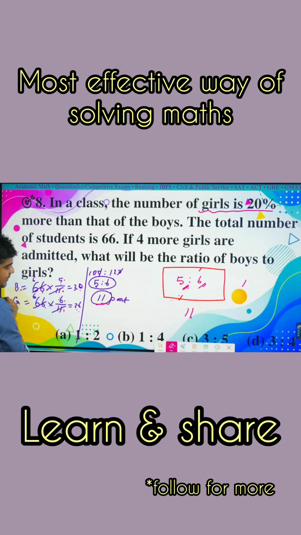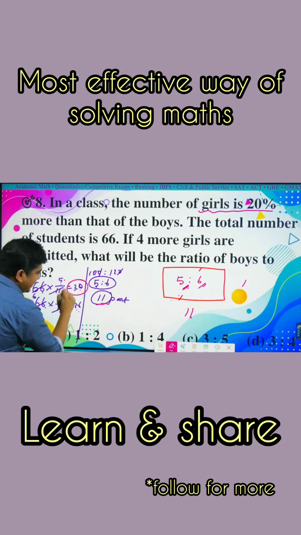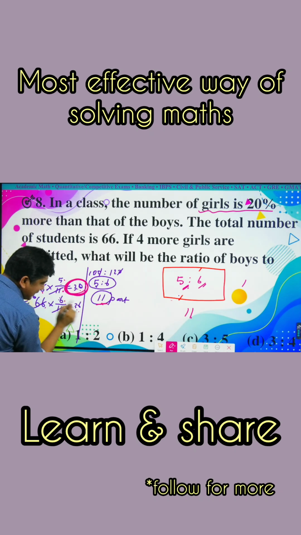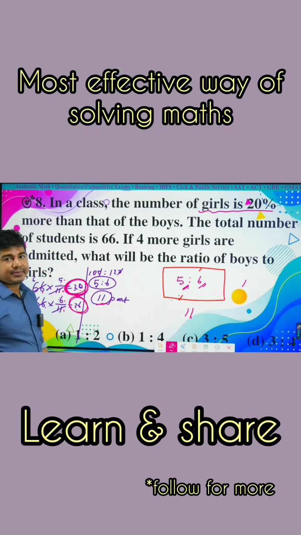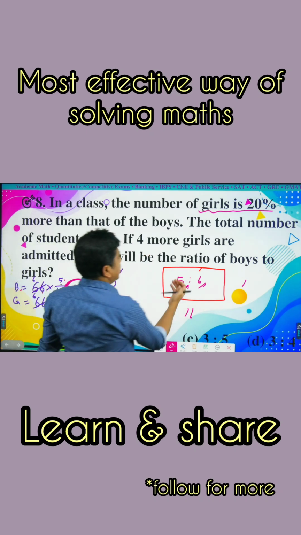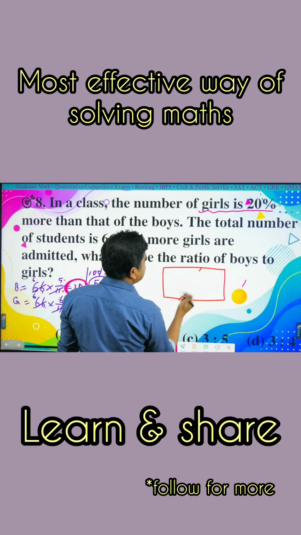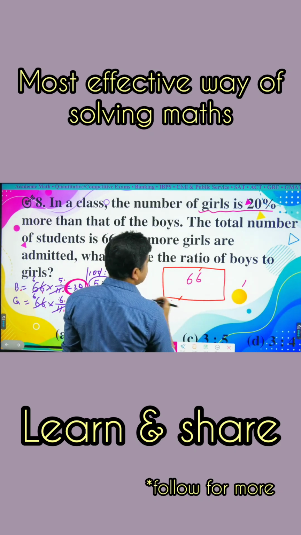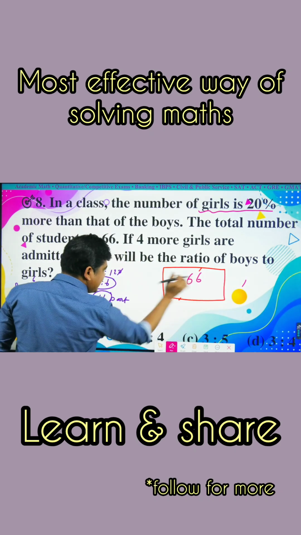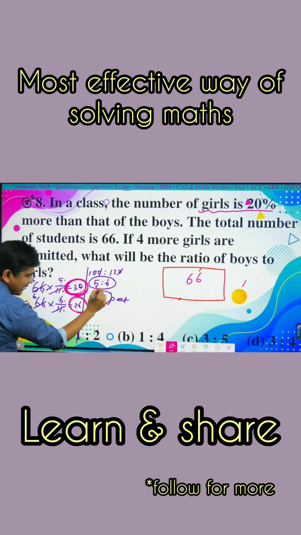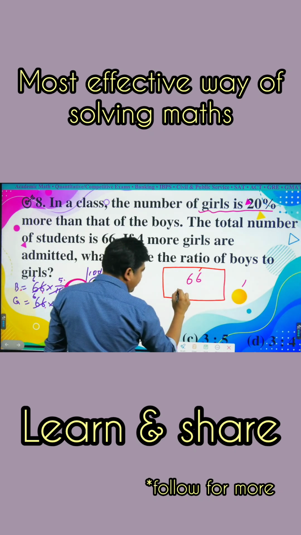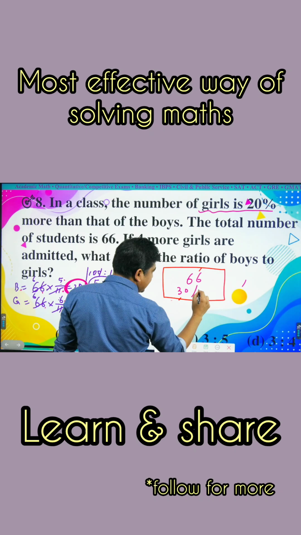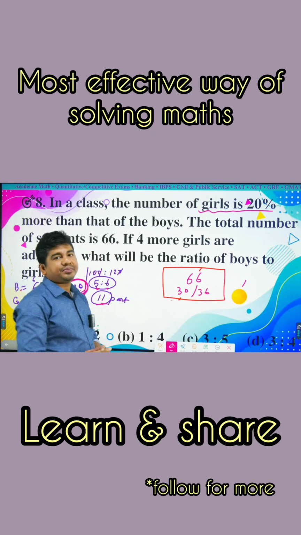That means 36. So at last we get boys 30, girls 36. The total number of students in class was 66, and this 66, if you divide with 5:6, you get boys 30, girls 36.